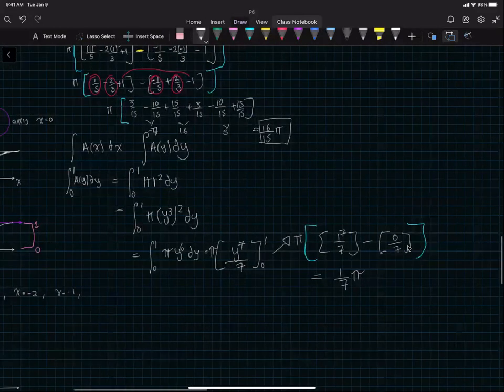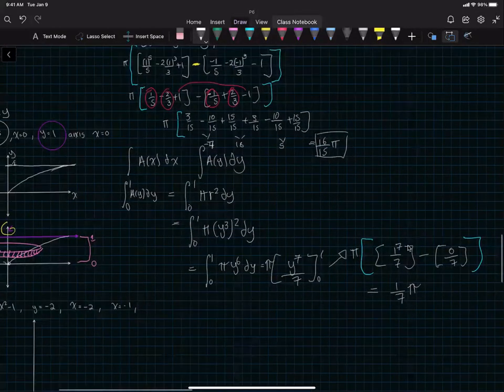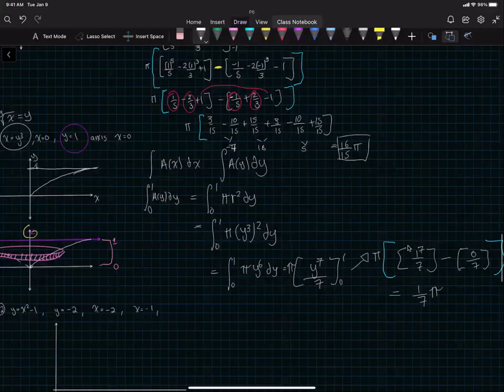Any questions on this one or the difference between using dy and using dx? So don't use decimals in your answer. For today, it's better if you use the answer in terms of pi, please.